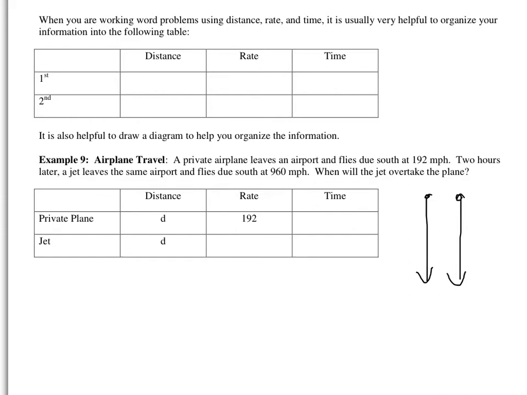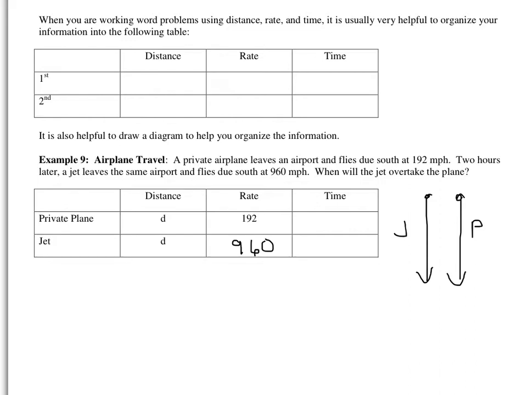When will the jet overtake the plane? So the distance that they both travel is the same, so we'll use the variable d to represent that distance. We know the rate of the private plane is 192. The rate of the jet, what's that? 960. What about the time?